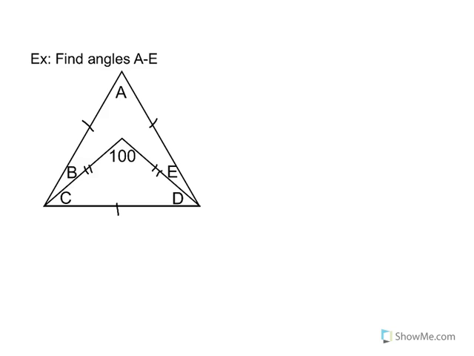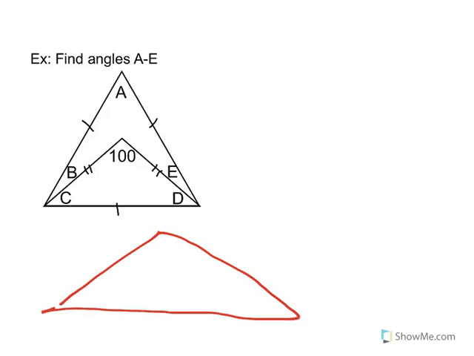Once again, in this picture, we want to find the labeled angles, angles A through E. So, starting in the triangle that has some information given, this is 100, and by the tick marks, we know that this is an isosceles triangle. If this is my congruent leg, then I have a base angle over here. Congruent leg, base angle down here. Both of those angles have to be the same.